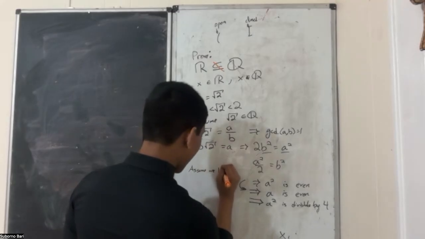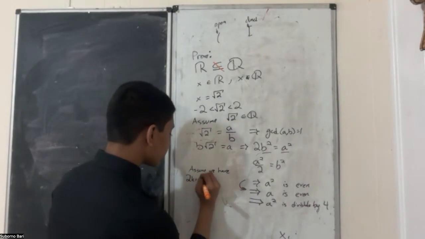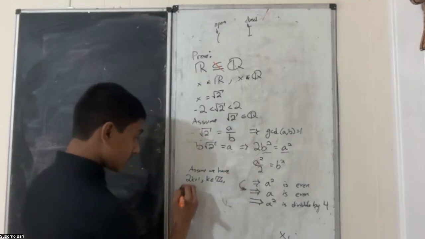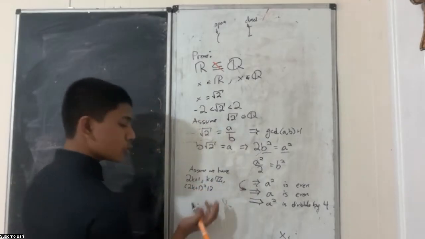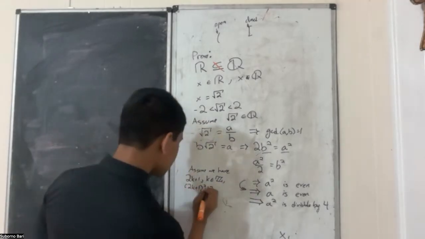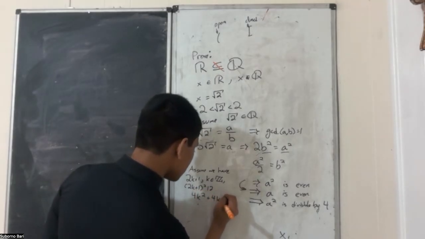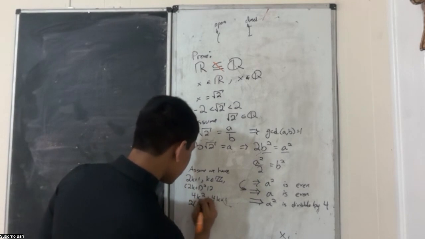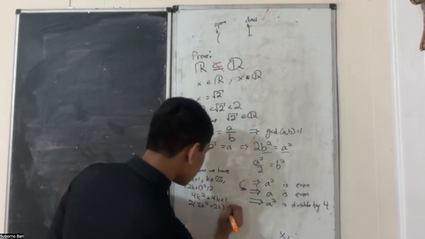We have 2k plus 1, where k is an integer, and 2k plus 1 squared is even, i.e. it's divisible by 2. Well, 2k plus 1 squared is 4k squared plus 4k plus 1. So it can be written as 2 times (2k squared plus 2k) plus 1.